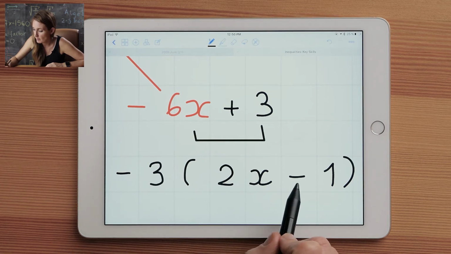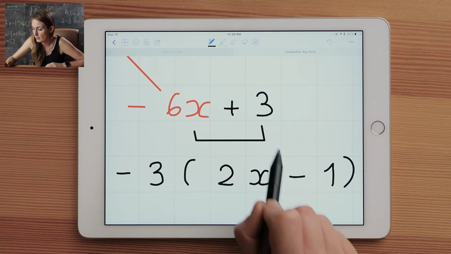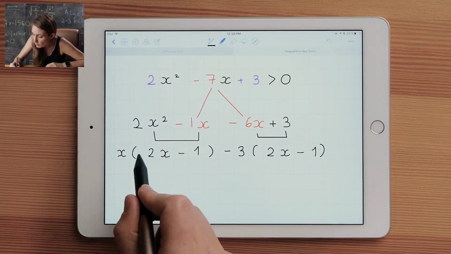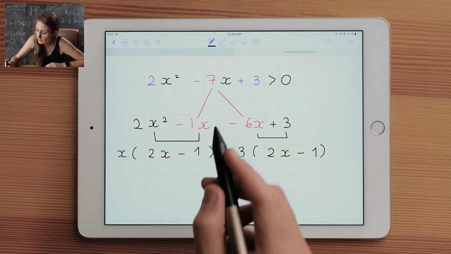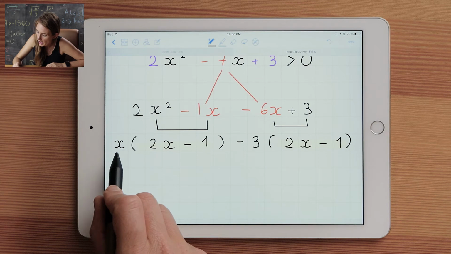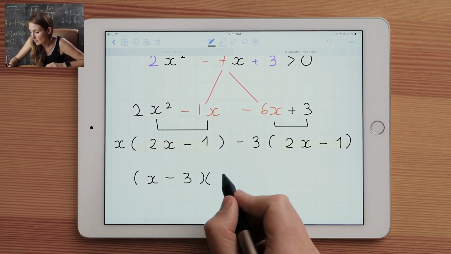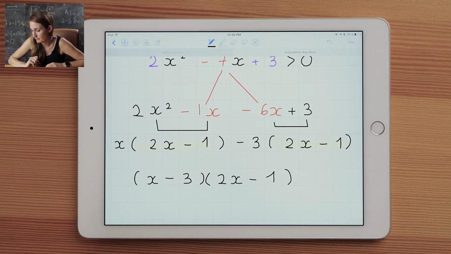And minus 3 times minus 1, that double minus, will give me plus 3. As you remember, these two brackets need to always be the same. My two final answers, it's going to be x minus 3 and my repeated bracket, 2x minus 1.